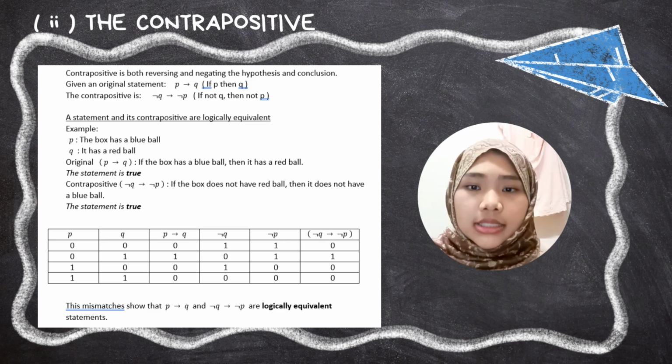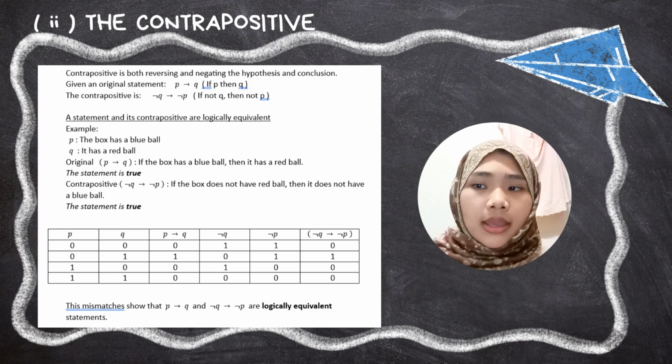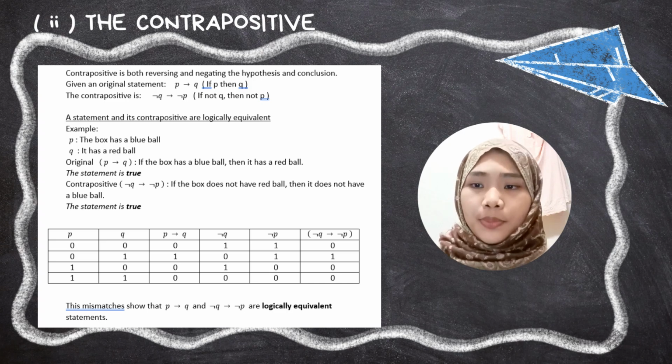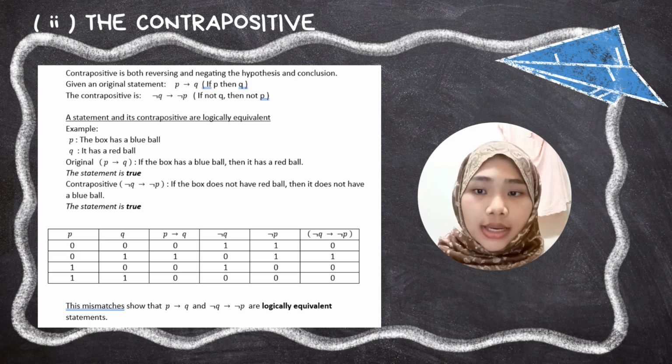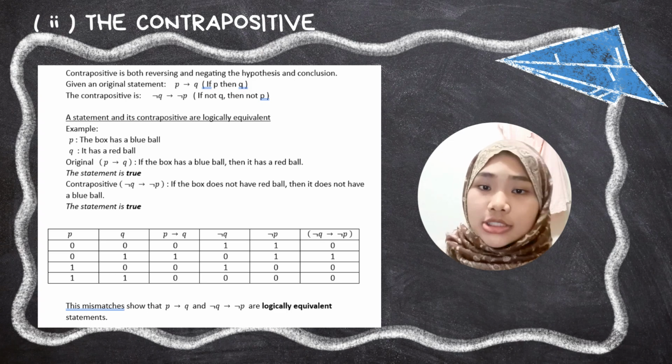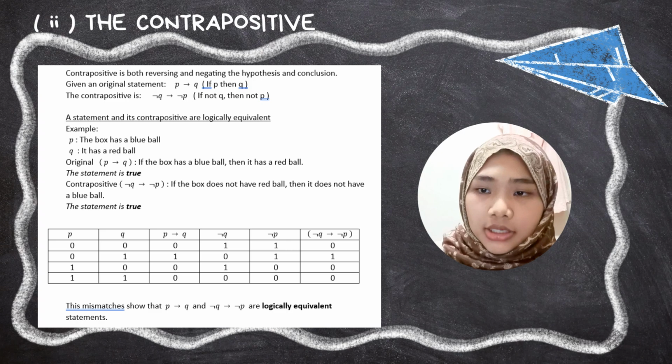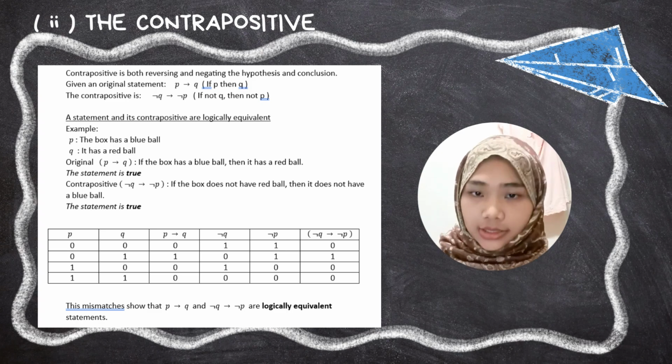This statement is also true. Based on the truth table given, we can see that if P then Q and if not Q then not P are the logically equivalent statement because they have the same true value.